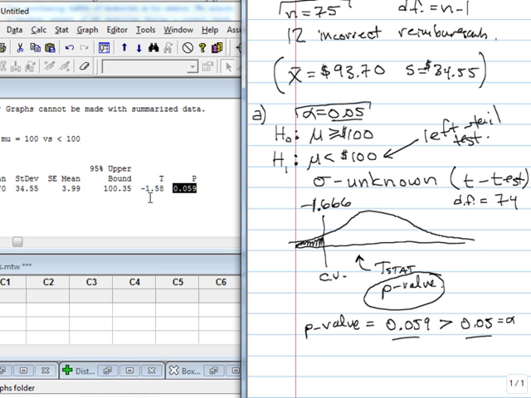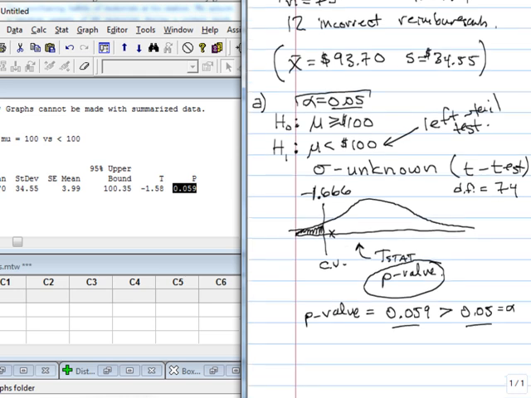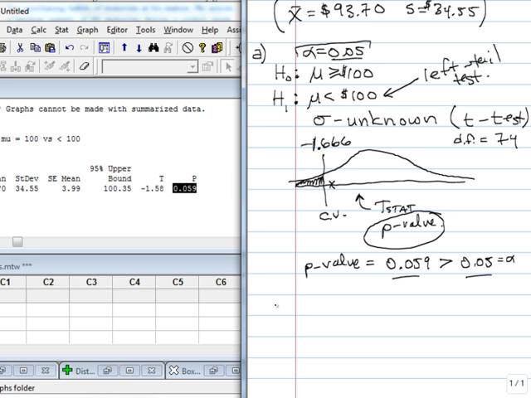You'll also notice that we've got a t-value of negative 1.58. You'll notice that is just to the right of the critical value in the non-rejection region, so we fail to reject the null hypothesis. And to formalize that, I say: fail to reject the null.